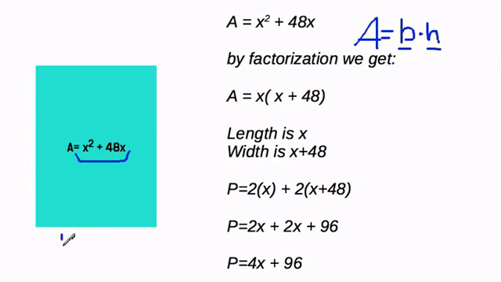We need to know how much this side is going to be and how much this other side is going to be. Base times height. Well, we have to find two numbers that, when multiplied, give us the area. We can obtain them through factorization.